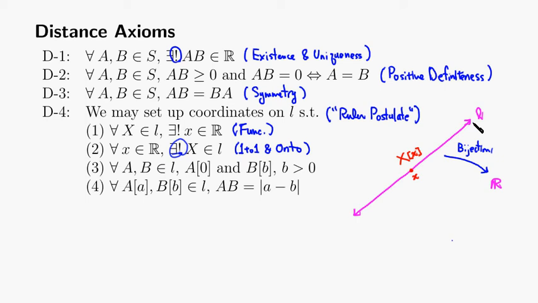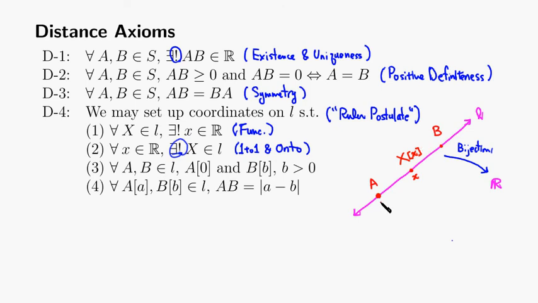Part 3 says this: if you have 2 points A and B on the line L, then we can always give a coordinate, whichever we like, A at 0, and B any positive number you like. So you have 2 points on the line, say A and another point B, and you get to choose where the 0 is.